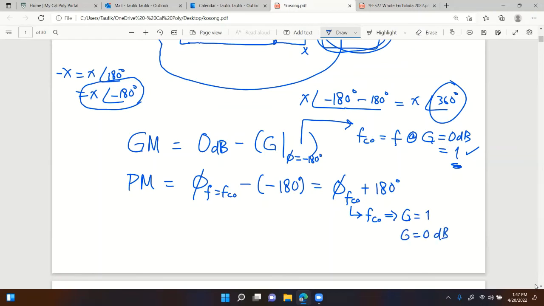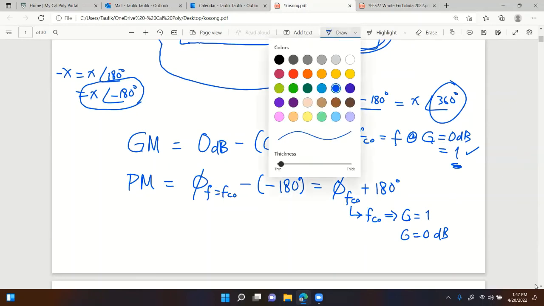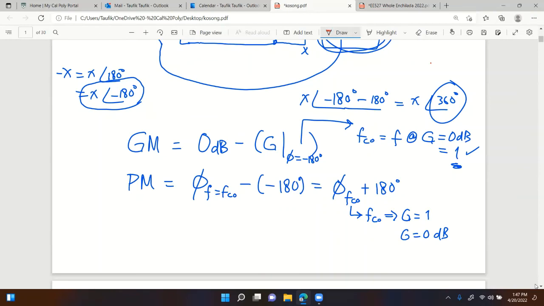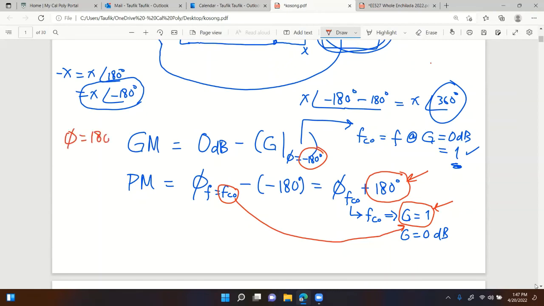Now, in EE302, I explained why it is that stability points are defined to be 180 degrees and 1. You notice that? Why is it that stability in the frequency domain is being determined by those two values, by angle equal to 180 degrees or minus 180 degrees and gain equal to 1?